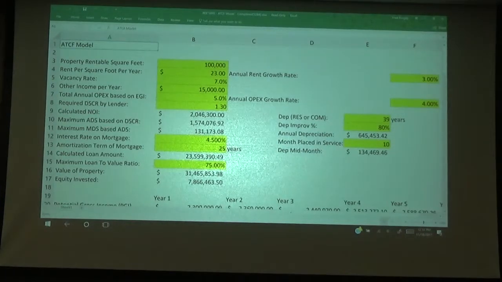Same sort of thing with the vacancy rate, 7% here, other income per year of $15,000, and then the annual operating expenses based on effective gross income, in this case only 5%, and then a required debt service coverage ratio by the lender of 1.3. I don't think any of that is new to you, is that correct? It shouldn't be, because we've been doing this stuff for quite some time. So hopefully that is all just normal.